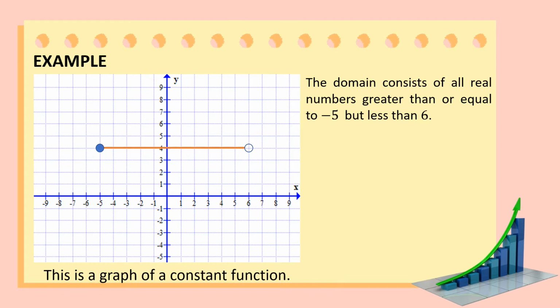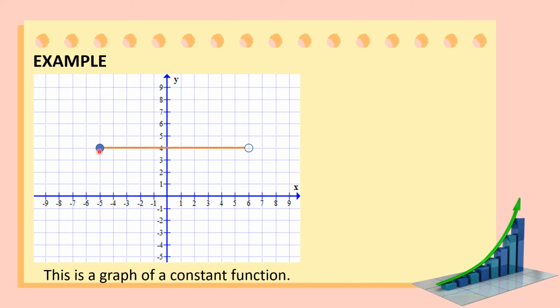So our domain is written as D equals the set of x such that x is greater than or equal to -5 but less than 6. In interval notation, the domain is from -5 to 6.